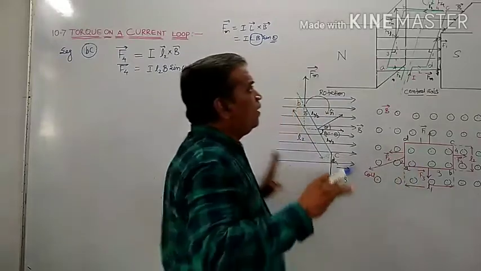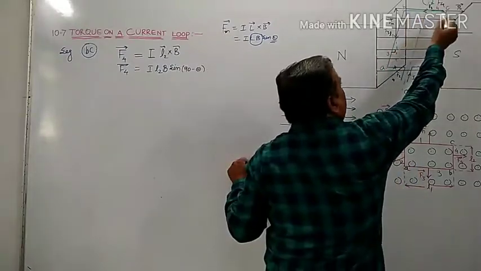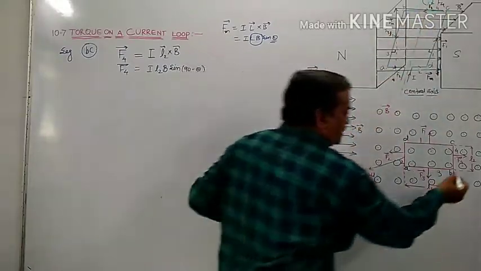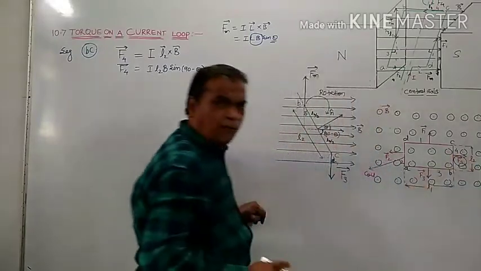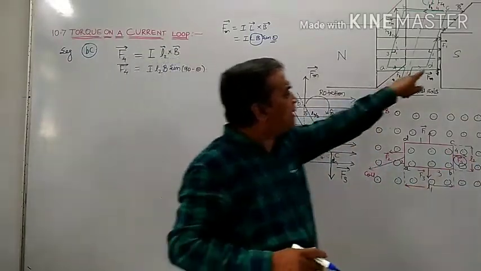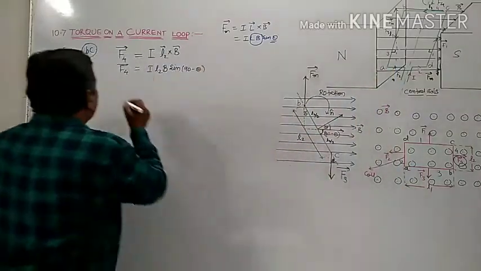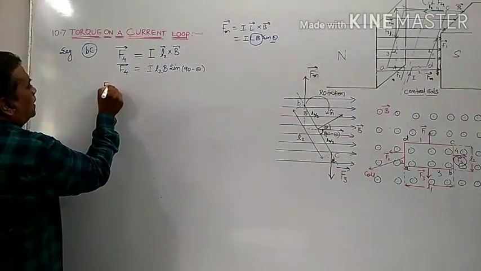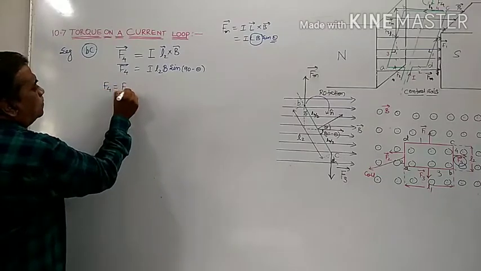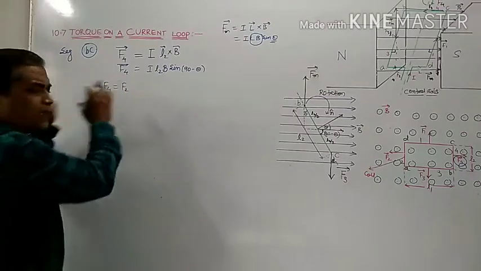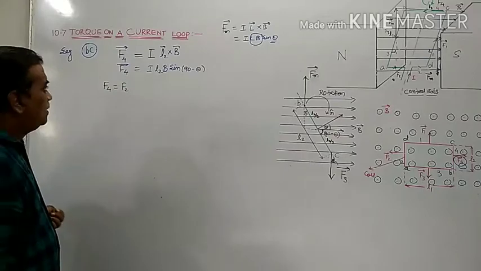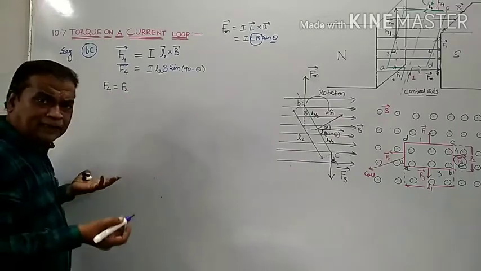So whatever force is acting on segment BC, F4, the force acting on segment AD must have the same magnitude. That means F4 is equal to F2, equal in magnitude but opposite in direction.